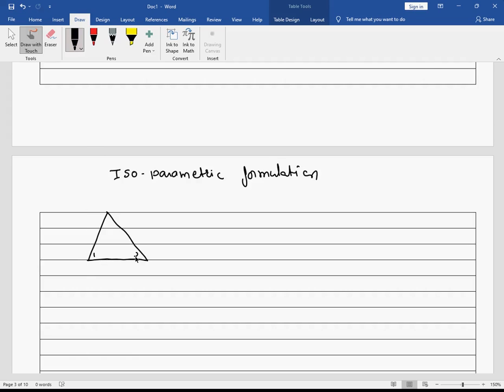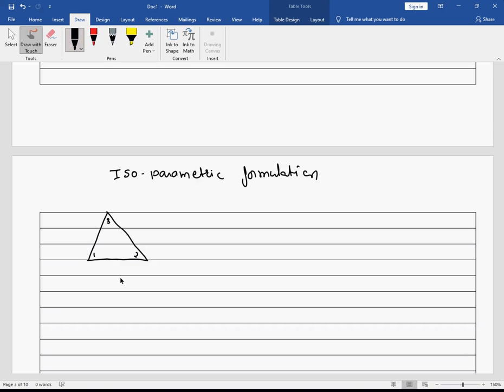So this is node 1, node 2, node 3. Remember, these are the local nodes, because we are working in a local coordinate system. So whatever derivation we are doing will be applicable to the local coordinate system, and then we have to transfer into global coordinates. Finally, the global stiffness matrix is what we would like to have in global coordinates.